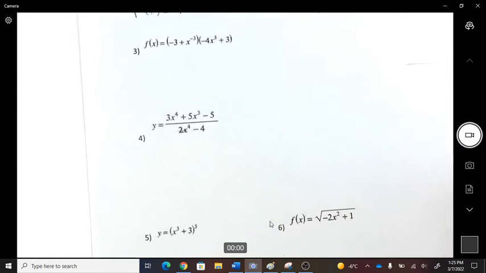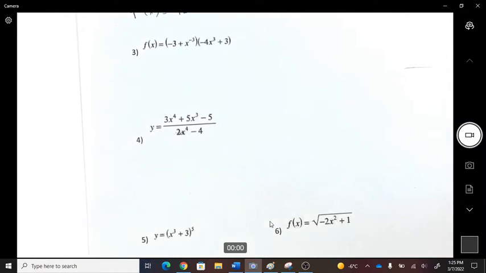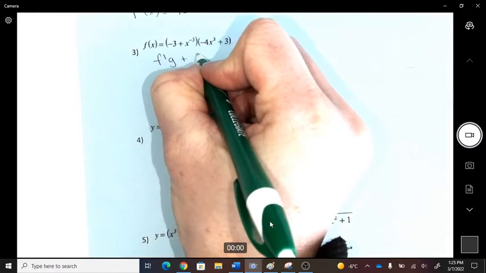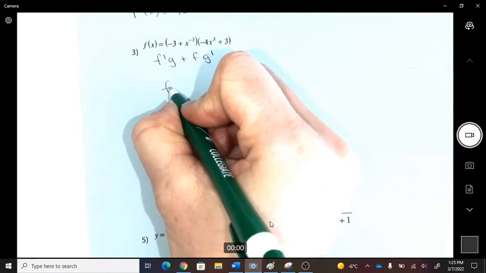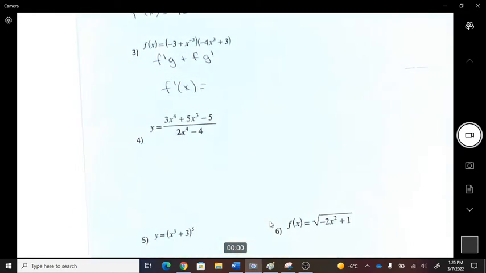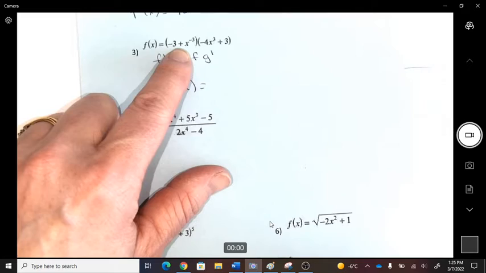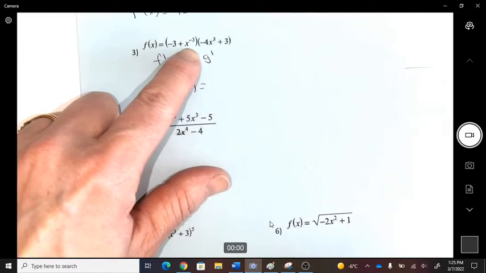Okay, what are we going to do on number 3? You have rules now. So this is the product rule. Okay, so that's the idea. Okay, ready? Deriving the first. So that's a nothing.